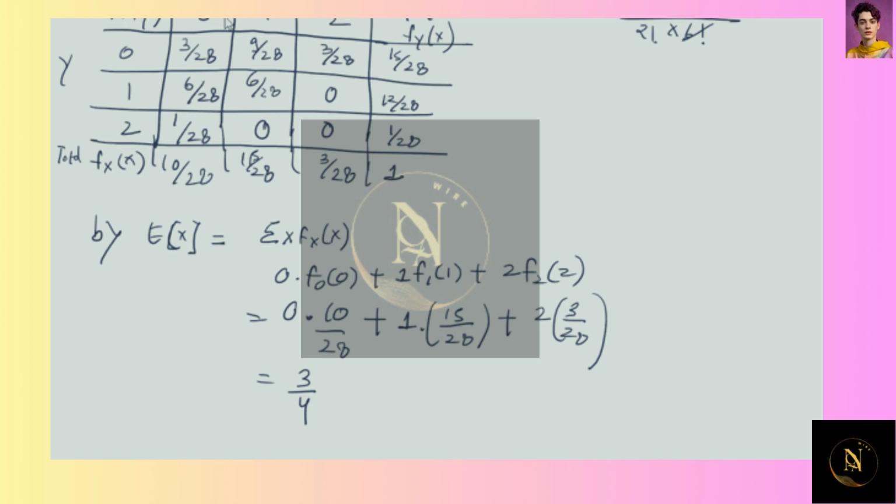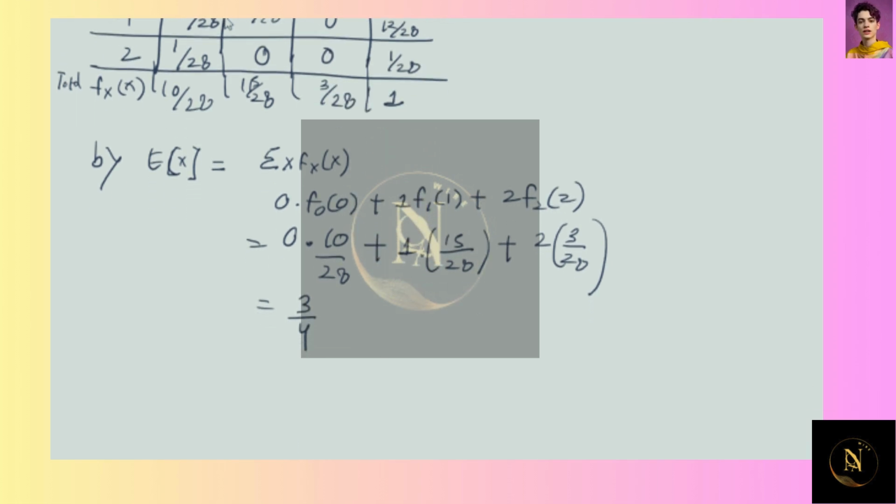Now let us find the EY in the same way. The formula for EY would be sigma or summation of y into f of y. Again we'll write same as this.